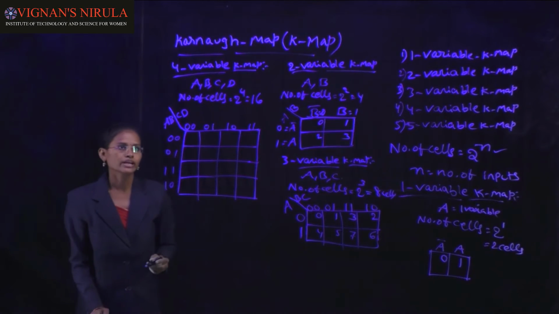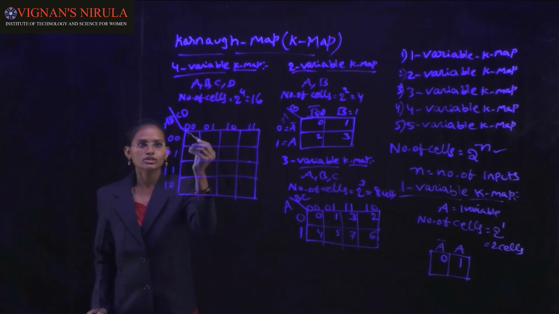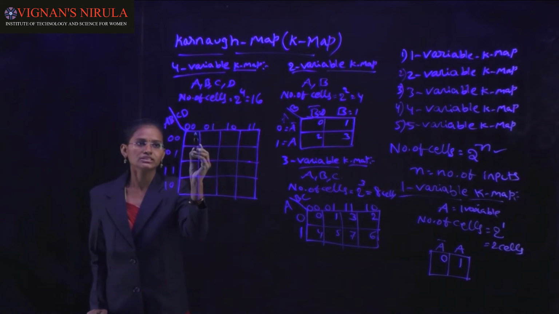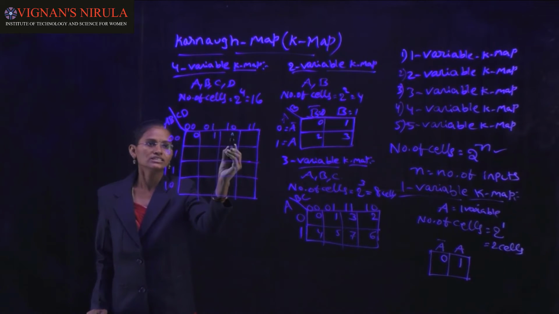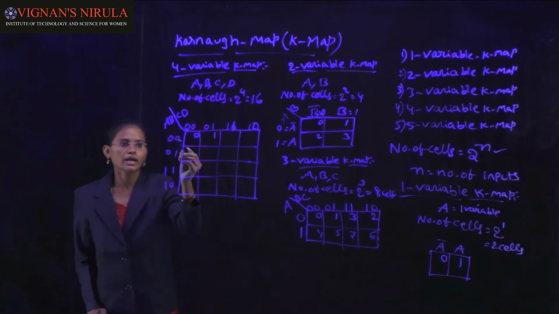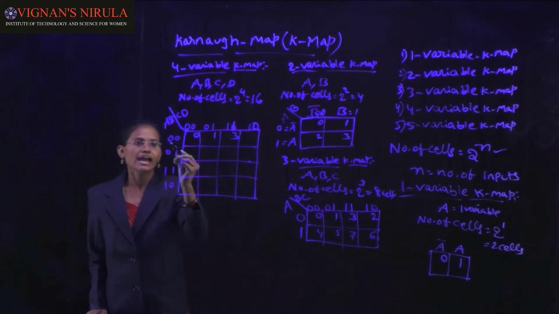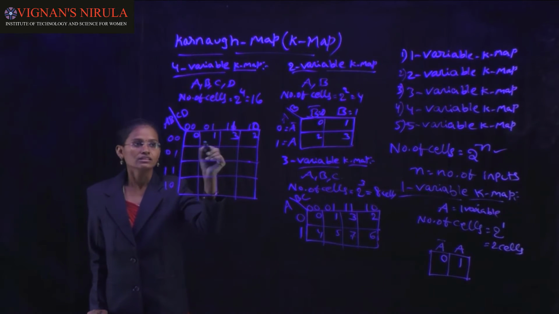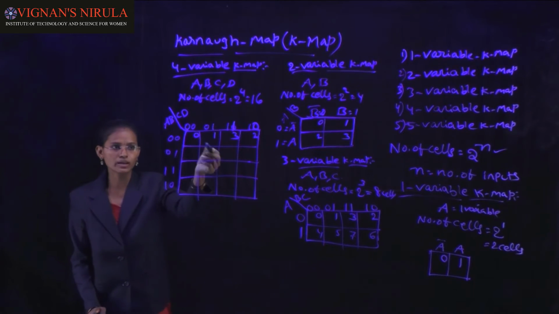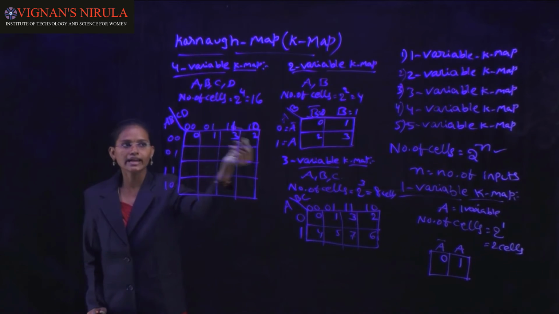11, 10. Okay, here 0000, four zeros, the decimal number is 0. The next 0001, decimal number is 1; 0011 is 3; and 0010 is 2. In the cells the numbers are decimal numbers, and these are the gray code indications.